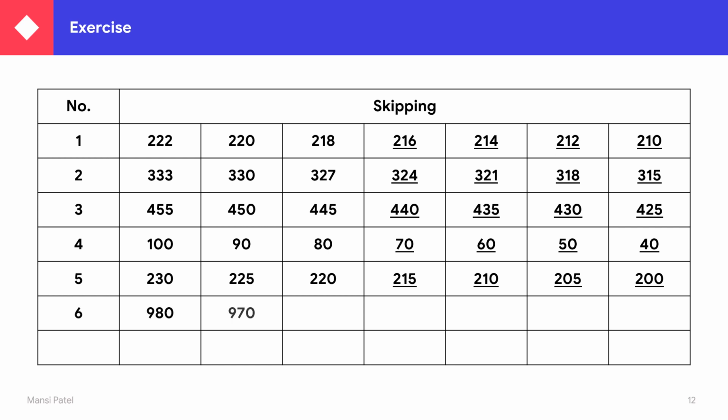Next number is 980, 970, 960. So see, this is the backward sequence. And how much do we subtract from each number? 10. Now you see, 10 is a 2-digit number. The ones digit is 0 and the tens place is 1. So what do we have to do? 0 minus 0, that you know. Now we have to subtract 1 from the tens place.